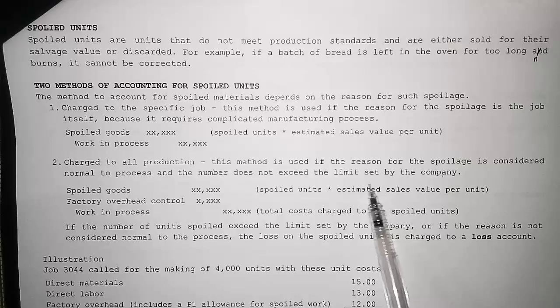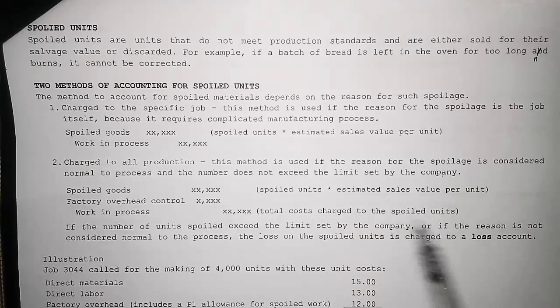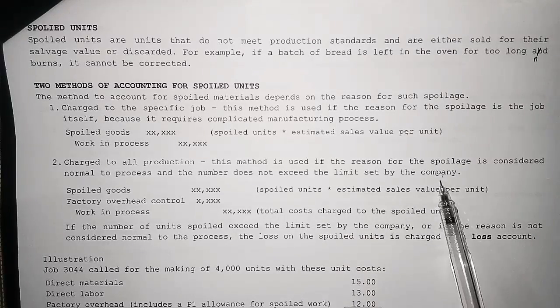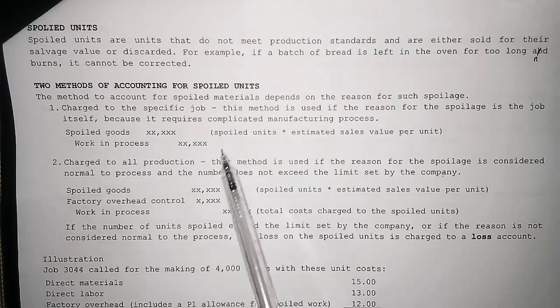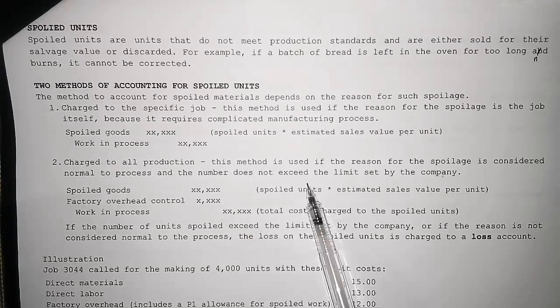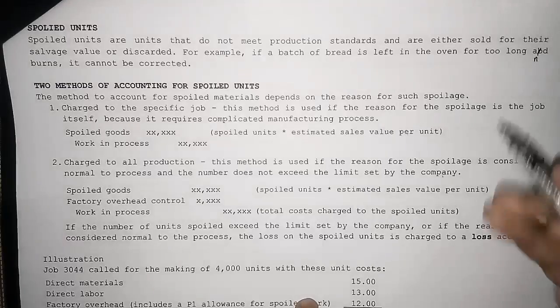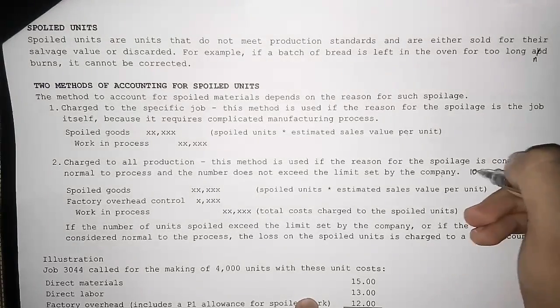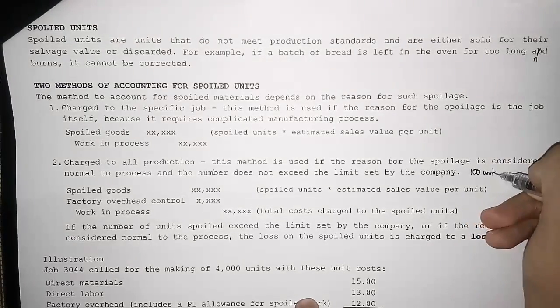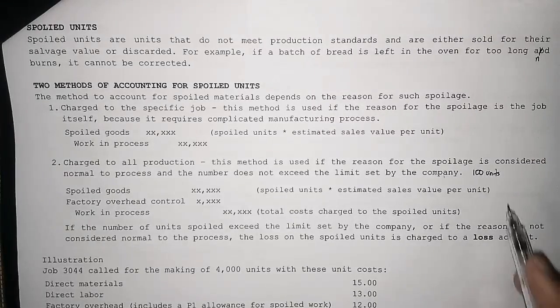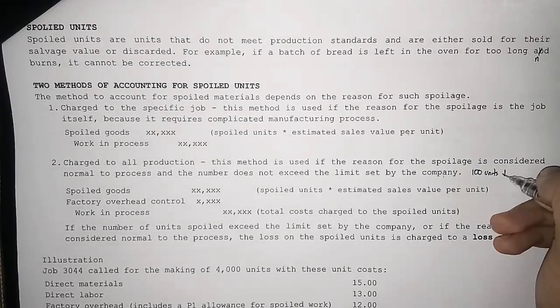And yung ibang company, nagse-set sila ng limit or benchmark para masabi nila na yung spoiled units is normal or abnormal. So, kunyari, ang sinet na limit ng company ay 100 units pababa.